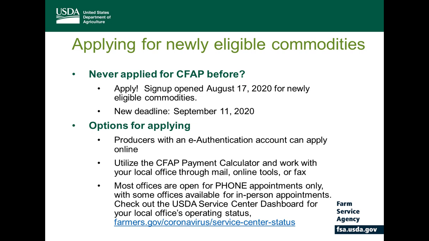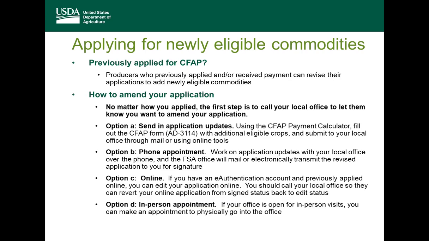The calculator spits out the application. All of the additional forms that you need are available online, and you can upload and submit that electronically to your county office. But again, you also have the option of making an appointment with the office. We'll talk a little bit about that later, but just know that those options are available to you.